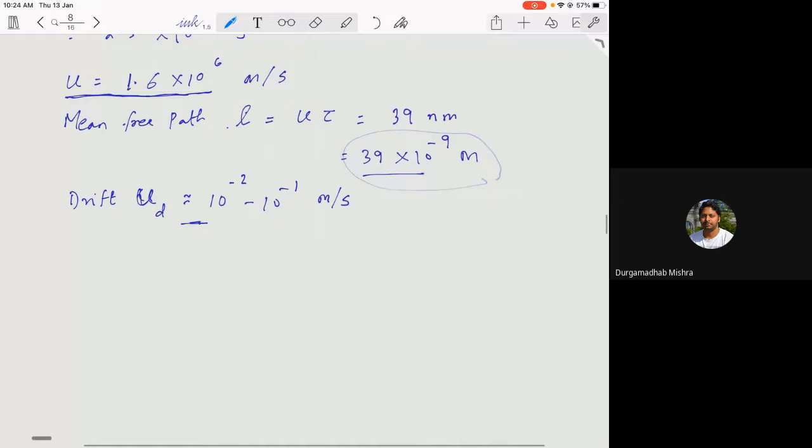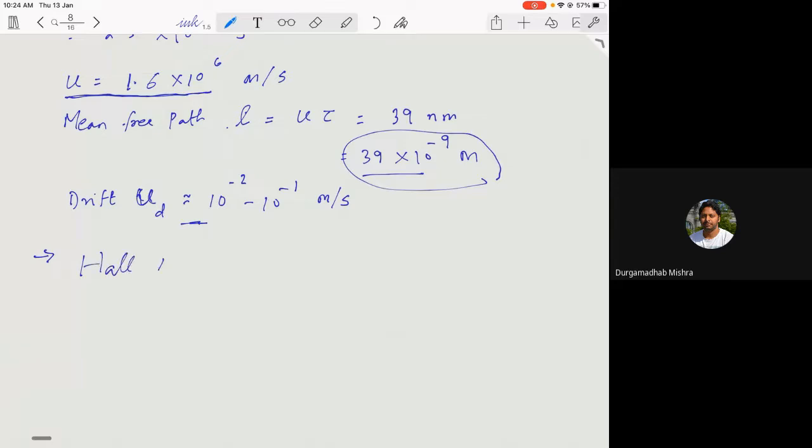Now I think one additional thing maybe you can read about, which you have already performed the experiments, this Hall effect you have all done in your physics lab. So maybe you can correlate these concepts with the Hall effect as well.